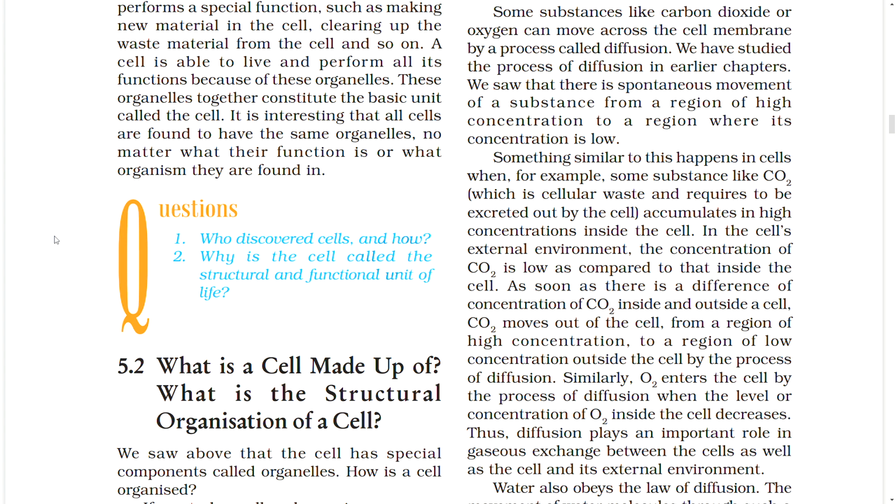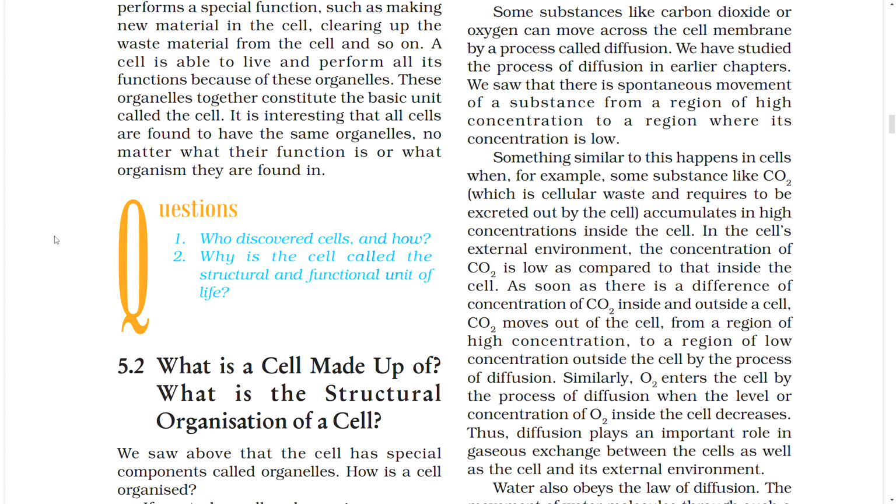Something similar happens in cells when, for example, some substance like CO2, which is cellular waste and requires to be excreted out by the cell, accumulates in high concentrations inside the cell. In the cell's external environment, the concentration of CO2 is low as compared to that inside the cell.